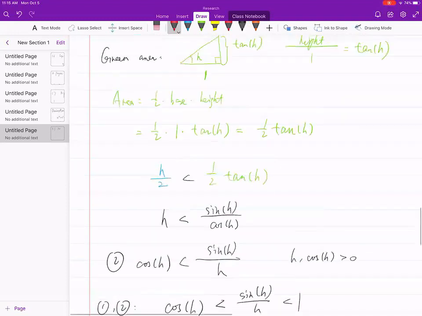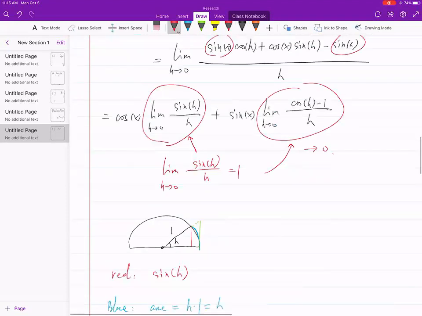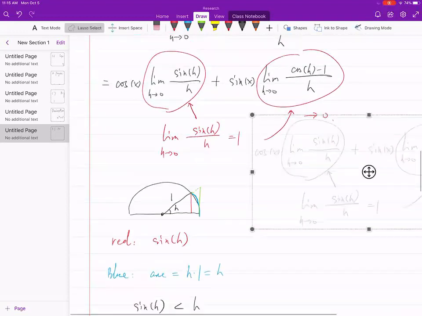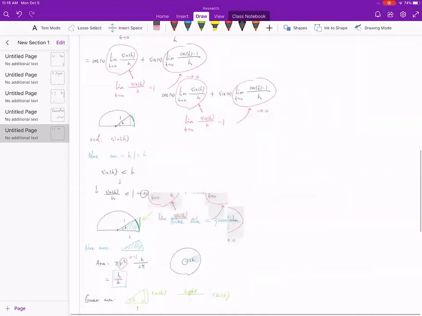Whew, that's a lot of work. But finally, we can say the first part is 1. Okay, so let me copy this, and then let's drag it down to what we want.